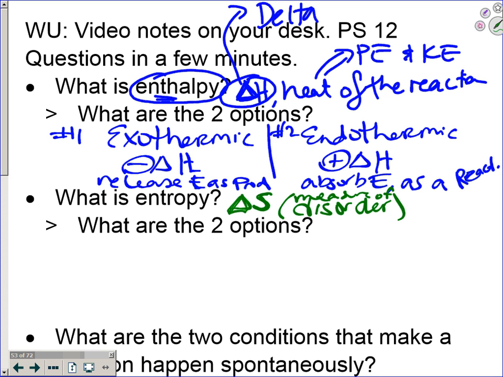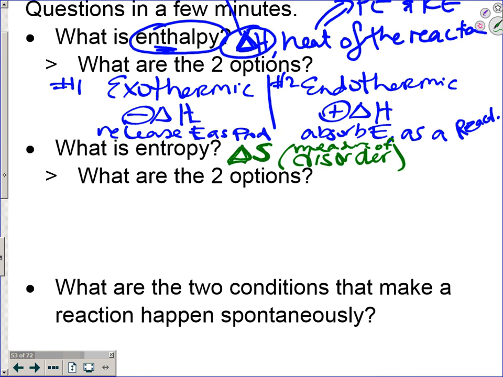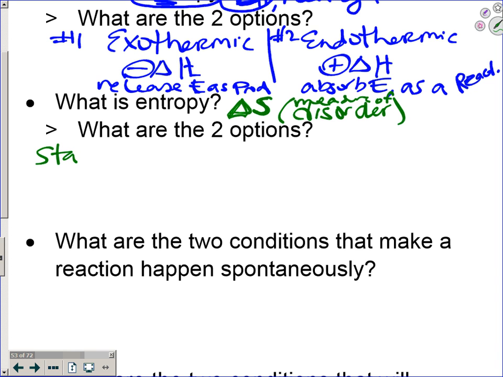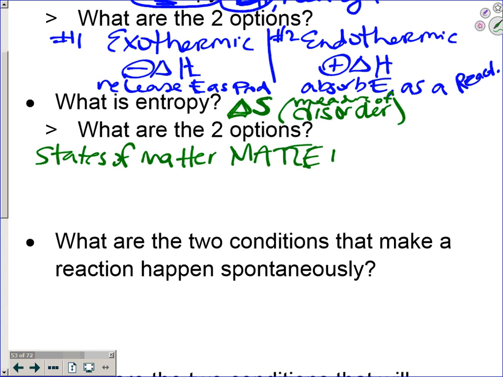So what we see is that in a reaction, it's kind of hard to tell if something's ordered or disordered. The reaction itself doesn't help you out a lot. So instead we look deeper into the reaction at the what? States of matter, right? So the states of matter matter. We definitely need to know about them. So tell me more about that.